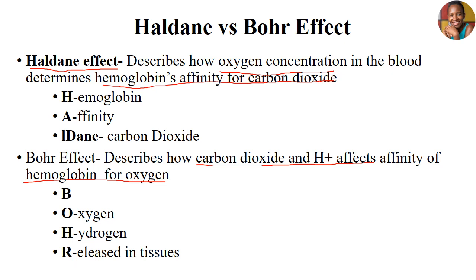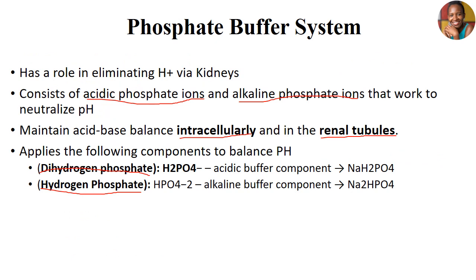However, all this is coming from the hemoglobin as a buffer system for regulating the acidity and alkalinity in our blood system. But then we have the second buffer system that we call the phosphate buffer system. The phosphate buffer system is said to play a role largely in eliminating hydrogen, using the kidneys. In this system, we have the acidic phosphate ions and the alkaline phosphate ions.